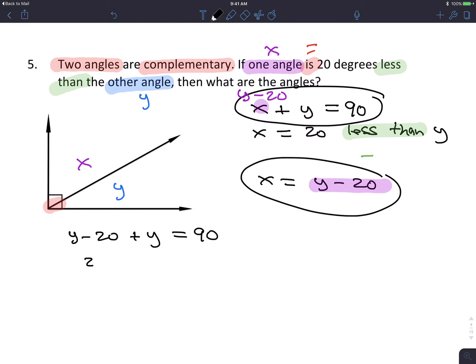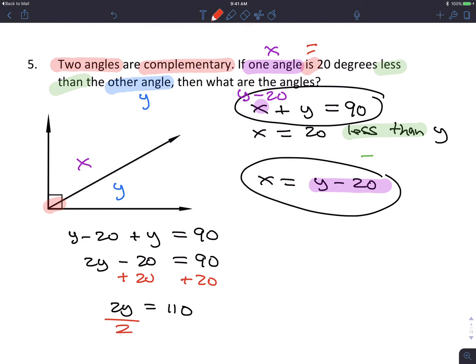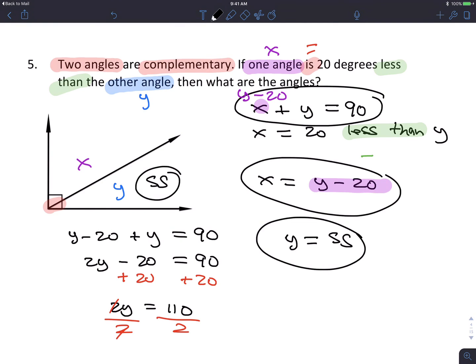We're going to use some algebra. 2y minus 20 is 90. Add 20, and I get 2y is 110. Divide both sides by 2. y will be 55 degrees, so y is 55.